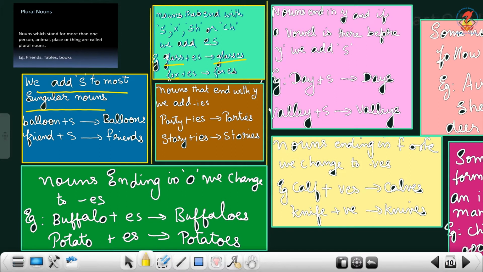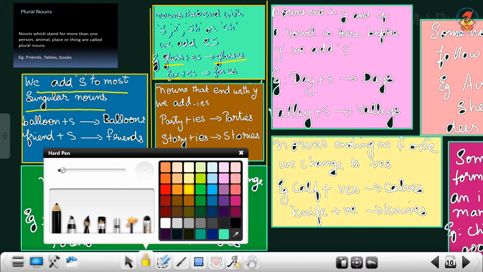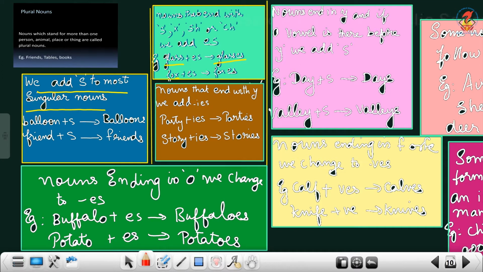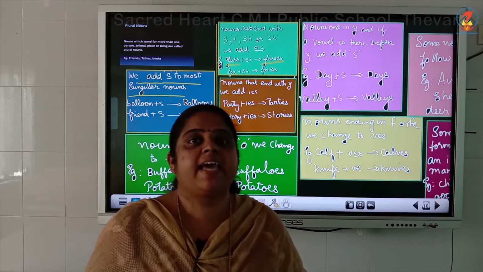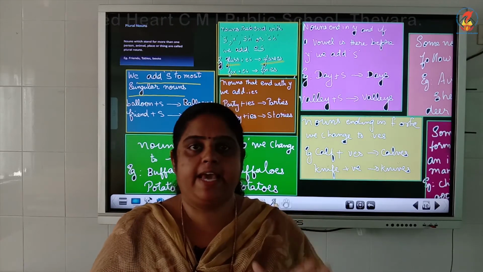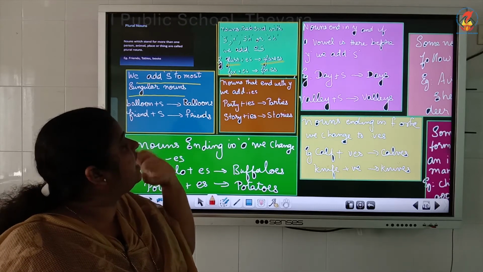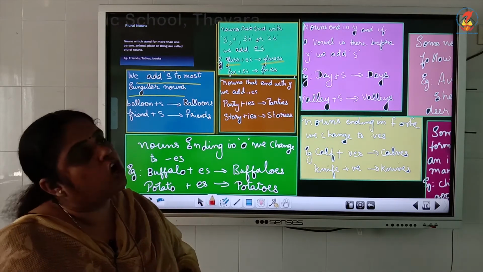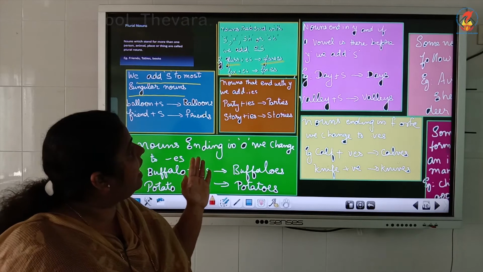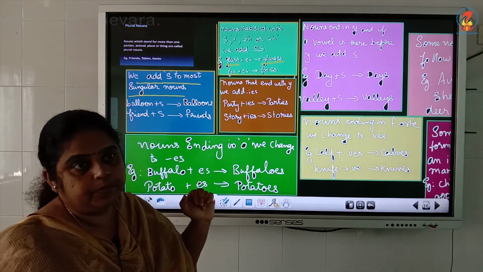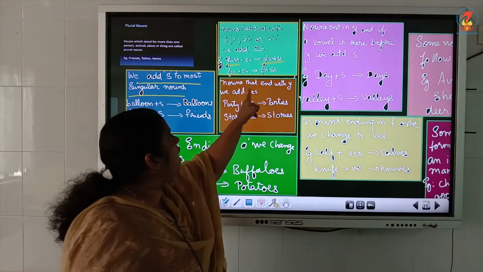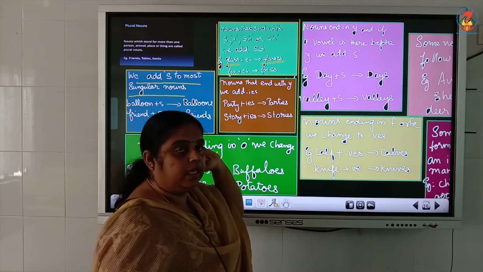Fox, it is ending in x. So we have to add es, fox, es. We don't write fox, s, we write fox, es. So in certain cases, there are nouns that end with s, x, sh or ch, we usually add es to it. Clear?